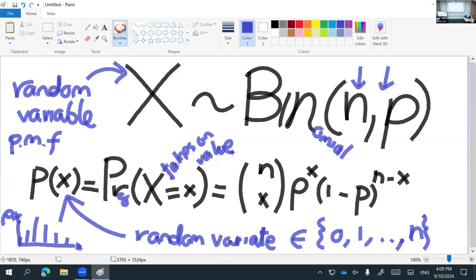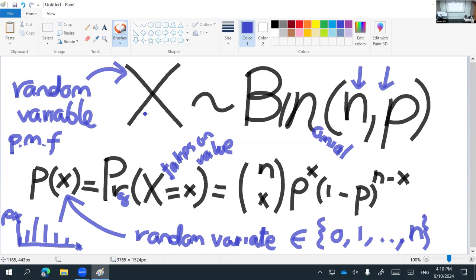This squiggly line is a shorthand for a sentence in English: random variable X is distributed according to binomial distribution with parameters n and p.